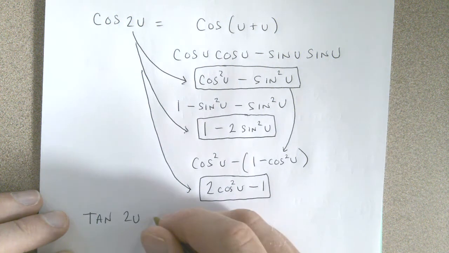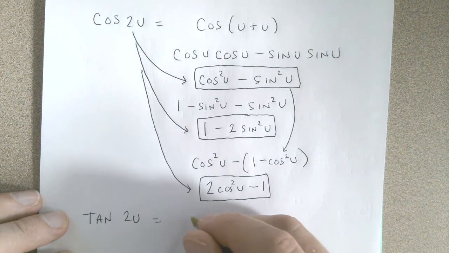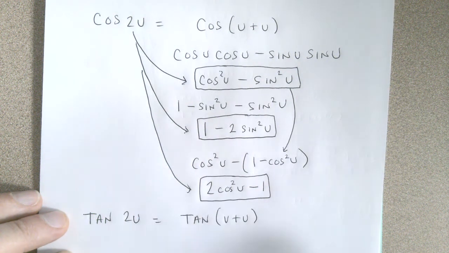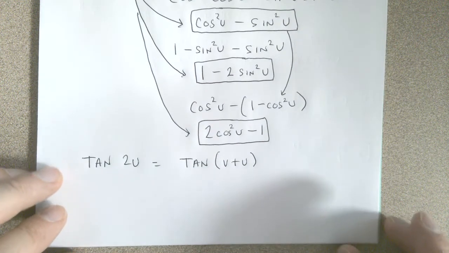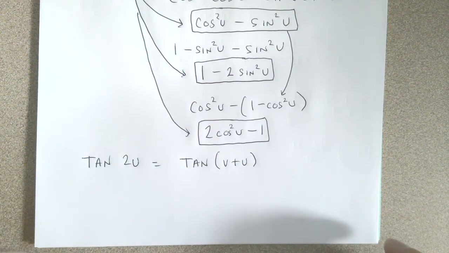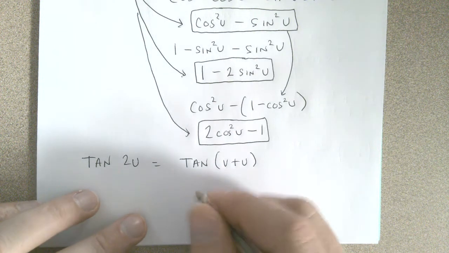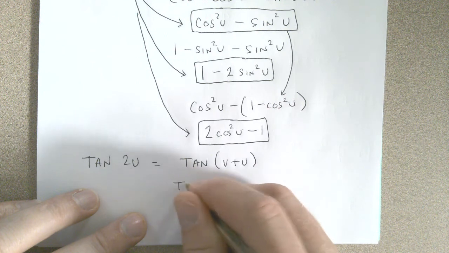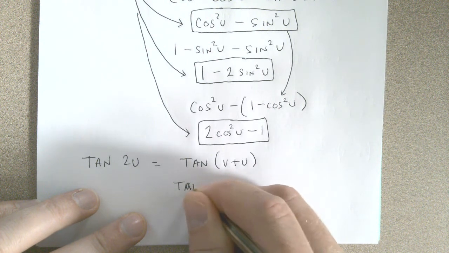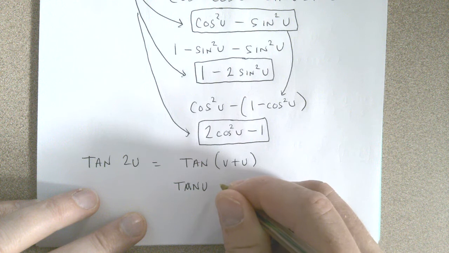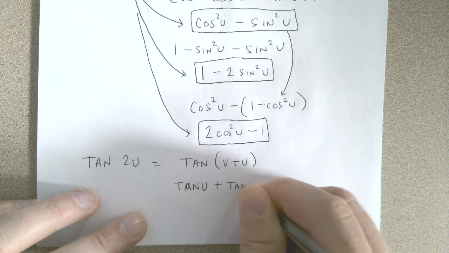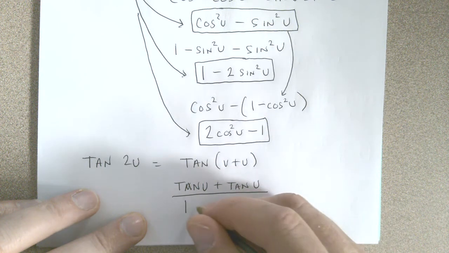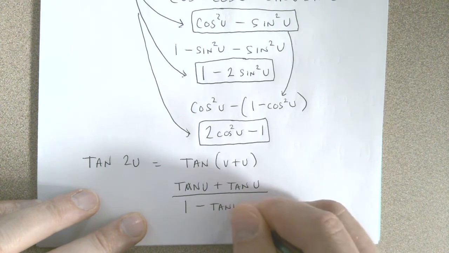So tangent of 2u, just like with the previous two, we can write that as the tangent of u plus u. We learned this week that the expansion of that is tangent u plus tangent u all over 1 minus tangent u tangent u.